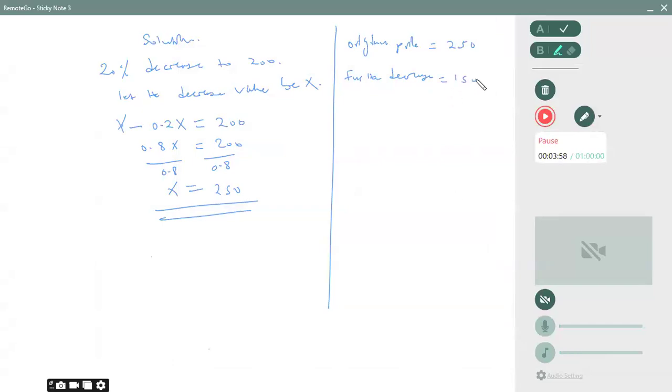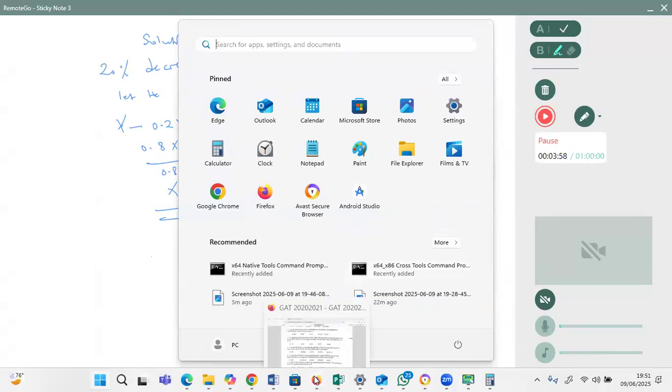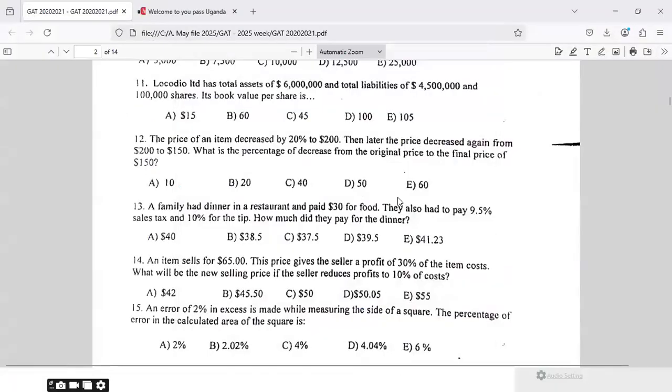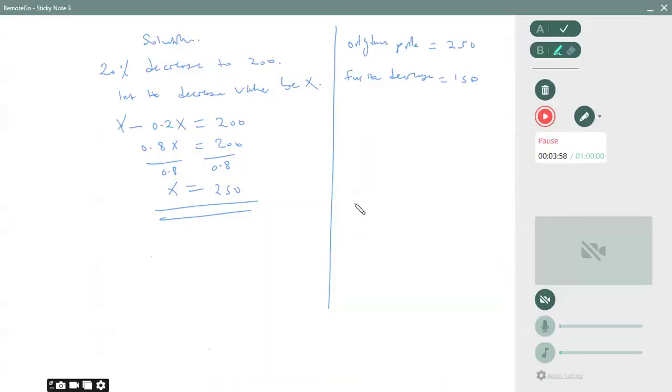Up to 150. And I think that is the very question they're asking for. They are asking, now, what is the percentage decrease from the original price to 150? Which is now, I think, much more clear. So we shall get 250 minus 150, which gives us 100.